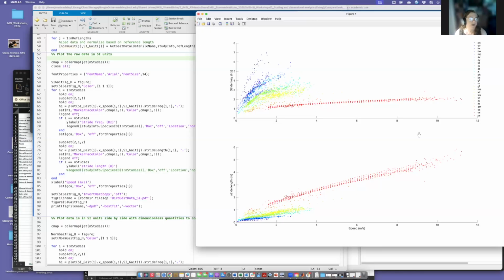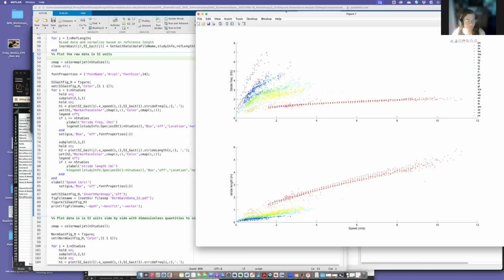I'm showing very simple measures here, and we'll talk a little bit about that if we get to it, because there are differences in that, certainly. Some of that emerges when we think about things in dimensionless quantities.